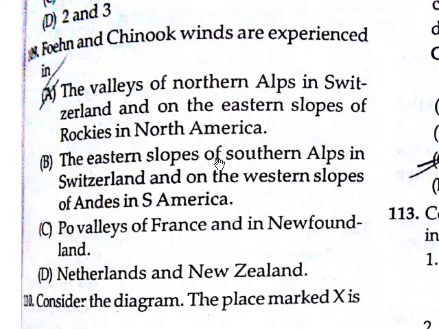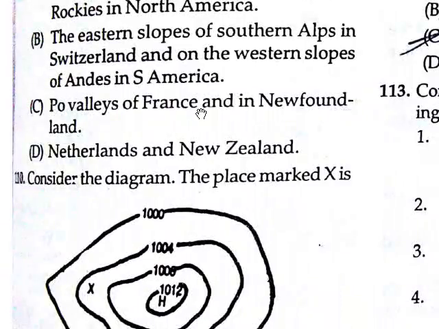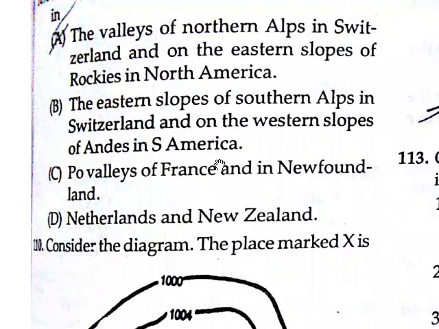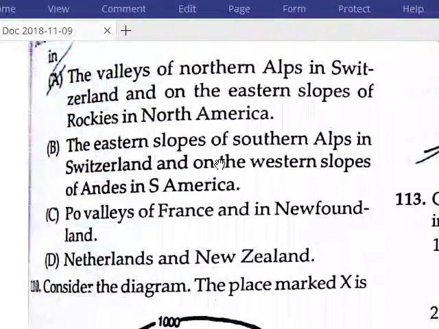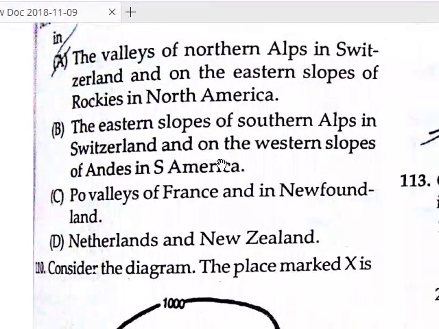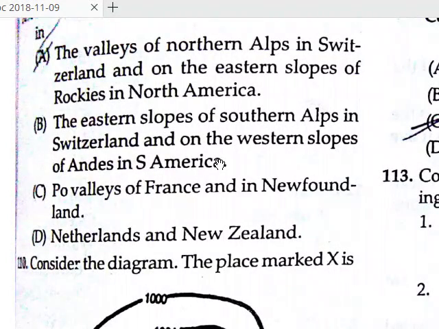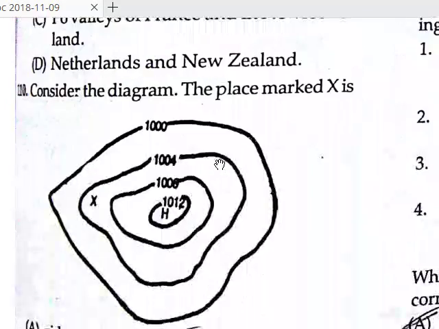So it is correct, the others are not. Eastern slopes of the southern Alps in Switzerland and the western slopes of the Andes in South America, it is not. Mainly the eastern slopes of North America and the valleys of the northern Alps in Switzerland.